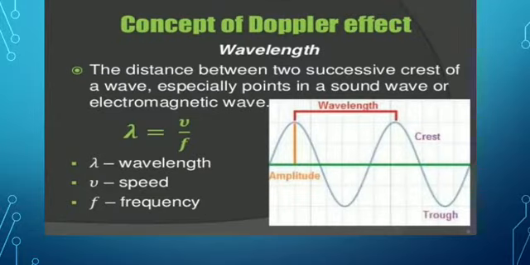If you consider transverse waves, the transverse wave produces crests and troughs. See, this is a crest and this is a trough. The distance between any two crests or any two troughs is nothing but the wavelength.